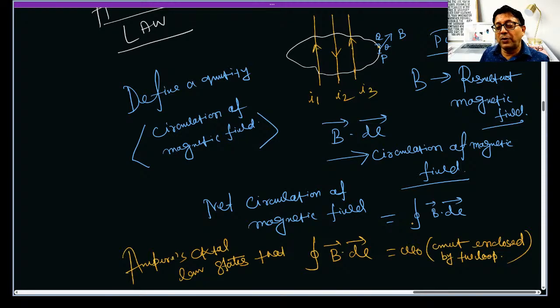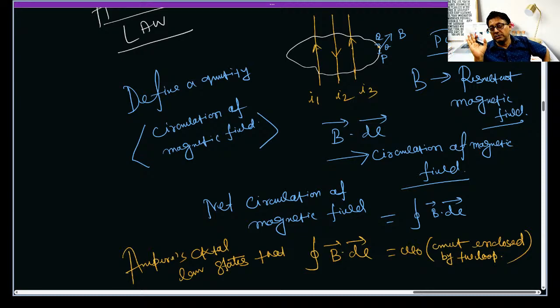There is already a point of confusion that arises. Currents are there. Should I take all three positive, or some of them positive, some of them negative? How can I decide the direction of these currents? What you have to do there is put an arrow along the loop. I am not specifying any direction, clockwise or anti-clockwise.